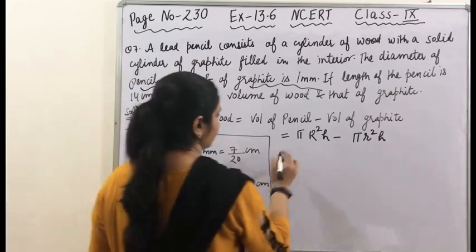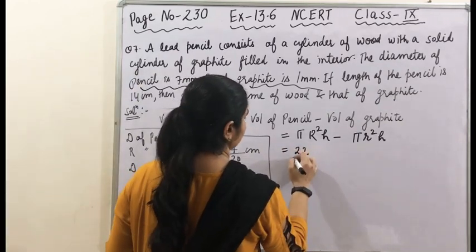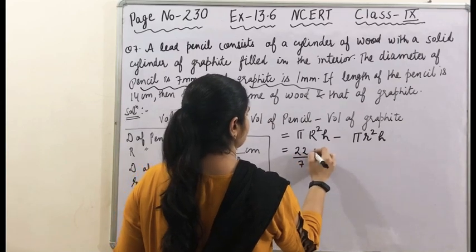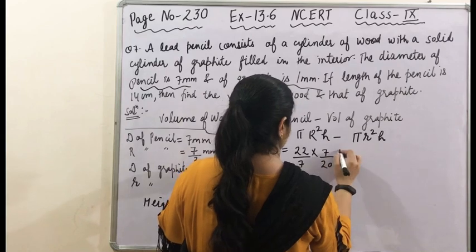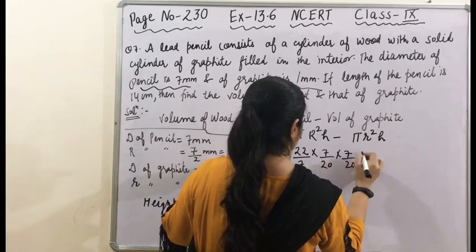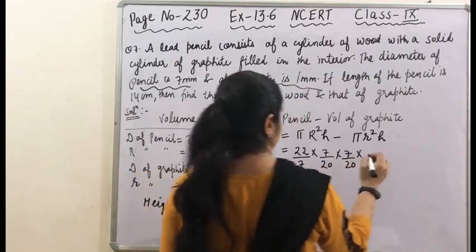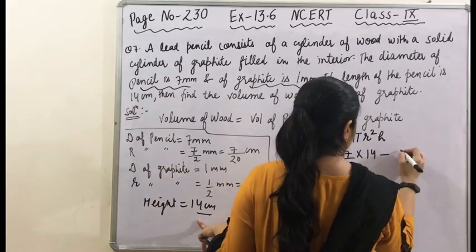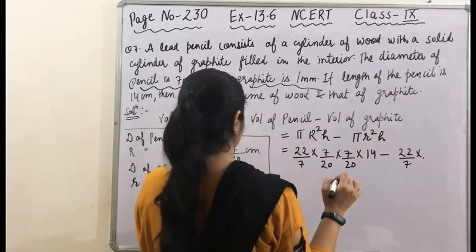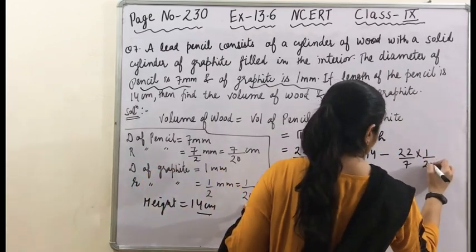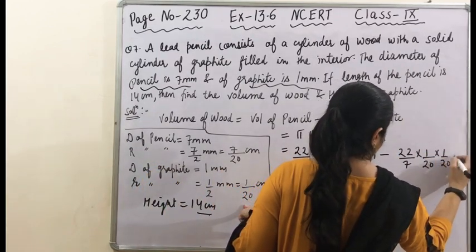We'll substitute the values. Pi is not given, so we write 22 by 7. Capital R is 7 by 20, height is 14, minus pi, small r is 1 by 20 and height is 14.